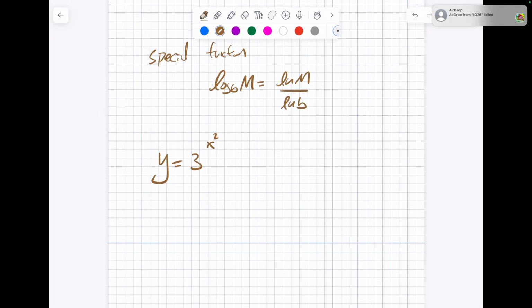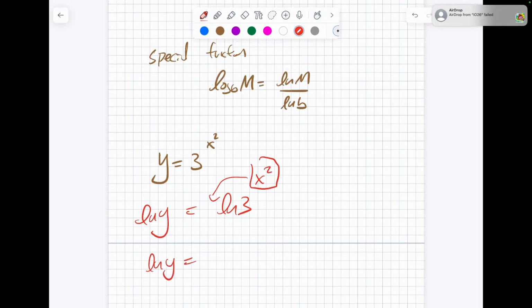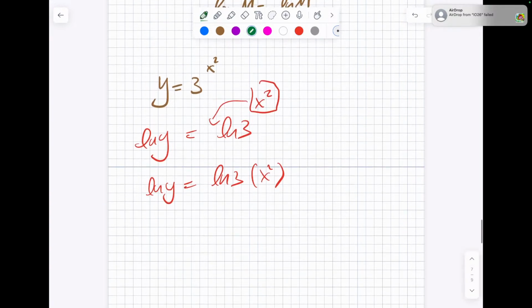Use logarithmic differentiation. So if you do logarithmic differentiation, this is going to be natural log of y equals natural log of 3 to the x squared. Why are we doing that? Because due to the power rule of natural log, we can put this in the front. So that's going to be natural log of y equals natural log of 3 times x squared. Now, natural log of 3 is what? It's a constant, so it's called the constant multiple rule.